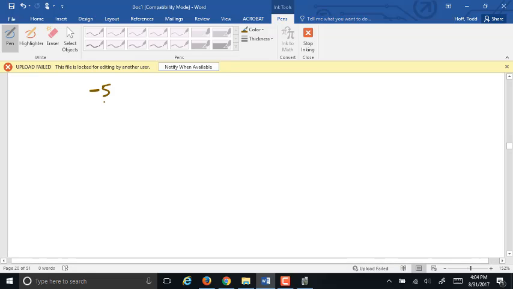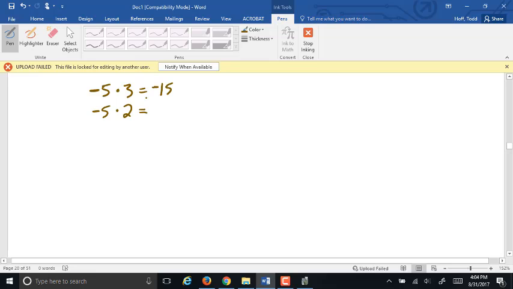So I'm going to start with negative 5, and I'm going to multiply it by something that we know works, which is a 3. What is negative 5 times 3 again? Negative 15. There we go. Now what I'm going to do is I'm going to keep the negative 5. I'm going to start with that again, but I'm going to reduce what I'm multiplying by from 3 down to 2. So I reduce that by 1.